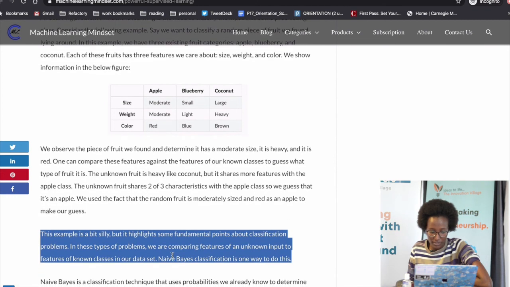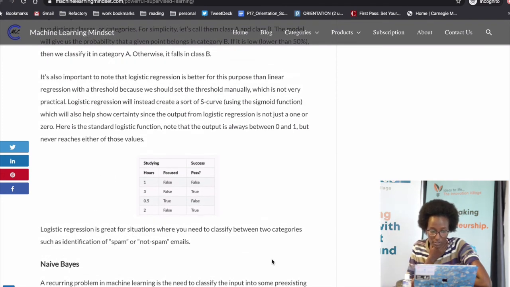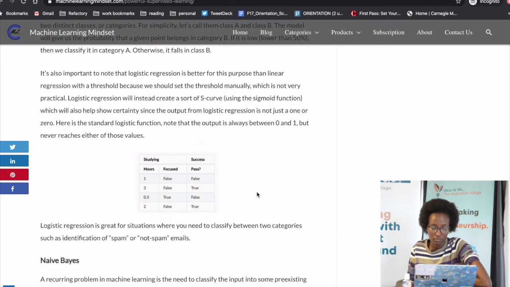In these types of problems, we are comparing features of an unknown input to features of known classes in our data sets. Naive Bayes classification is one way to do this, okay? So before, remember what logistic regression was. We want to classify a particular data point and see where it belongs.